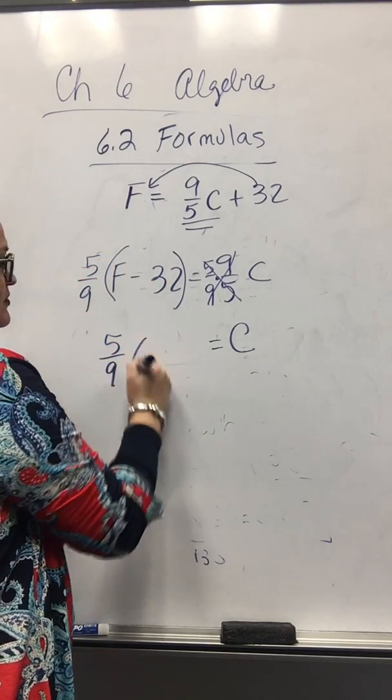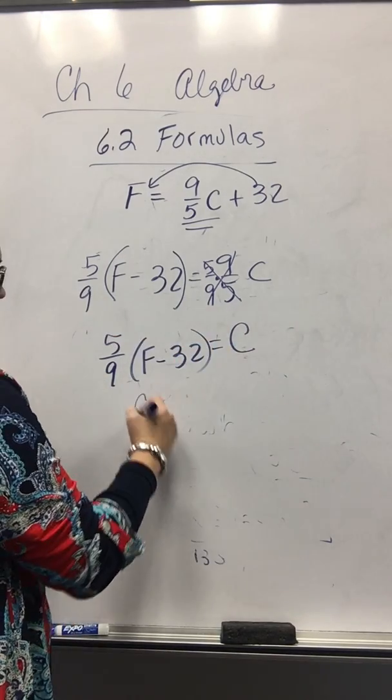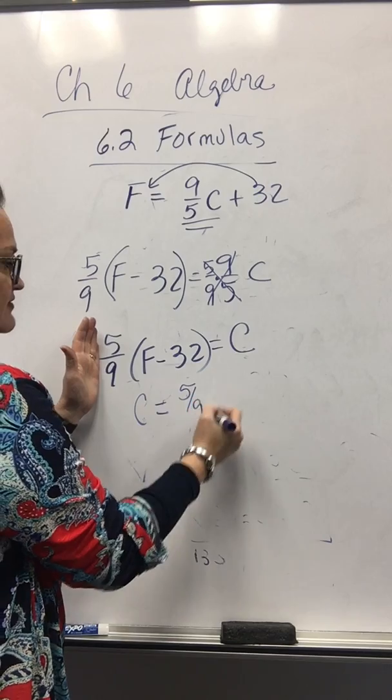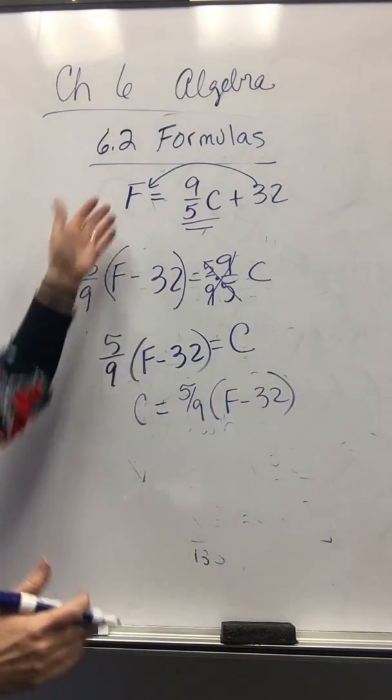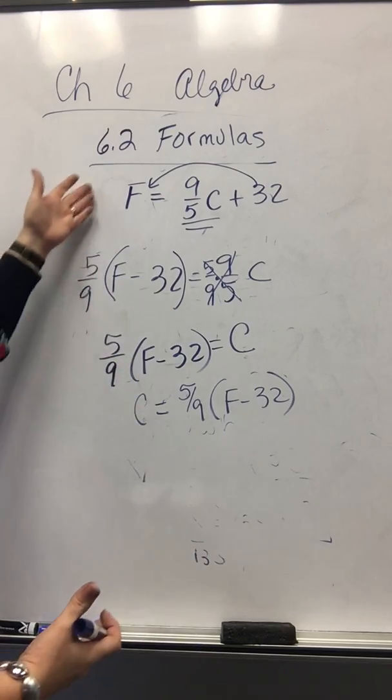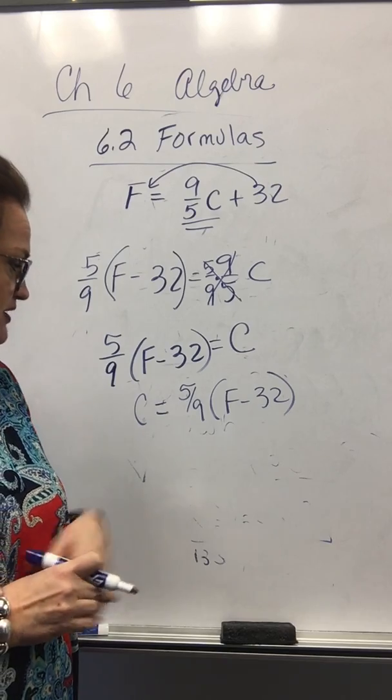So the Celsius formula converted over, and I know I've got it written backwards, but Celsius equals 5 ninths times F minus 32. So these are equivalent formulas, but that's just manipulating the algebra, rearranging our variables to have equivalent equations, but just handier.